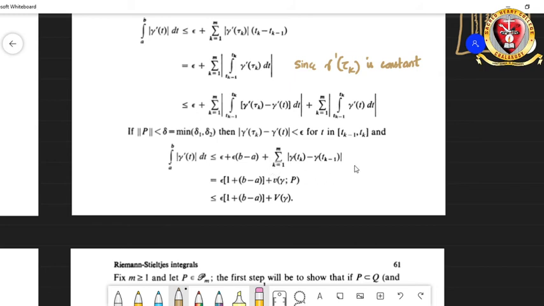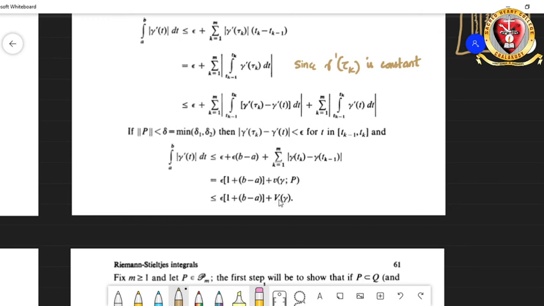Plus, we are adding the sum which is associated with the bounded variation. Okay, fine, and this is equal to epsilon into 1 plus b minus a, plus the sum denoted by v of gamma, p, right? And this is less than or equal to epsilon into 1 plus b minus a plus the total variation.